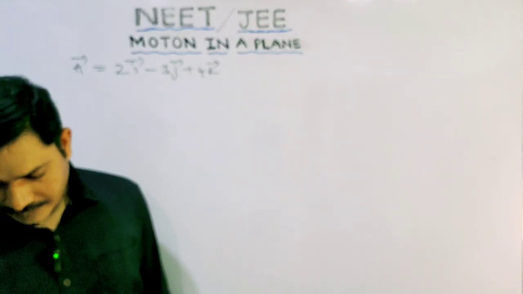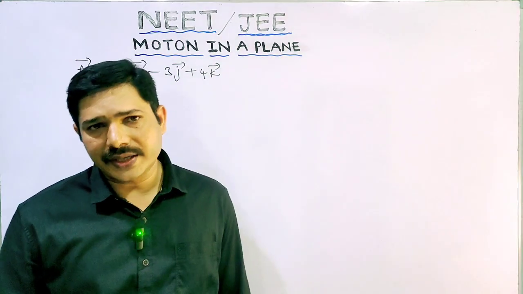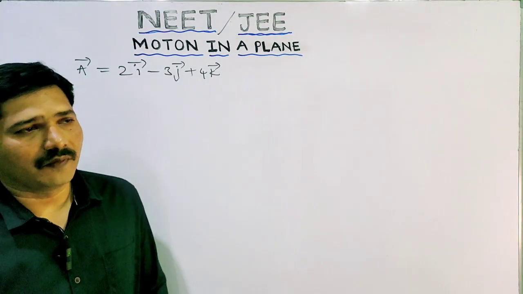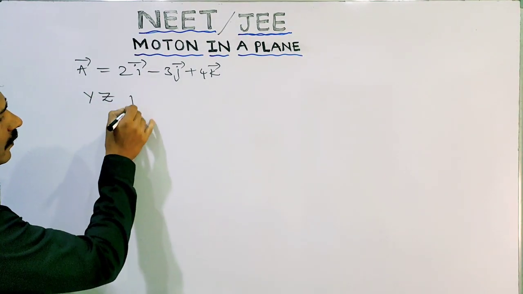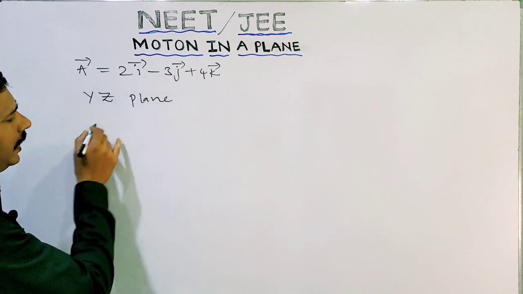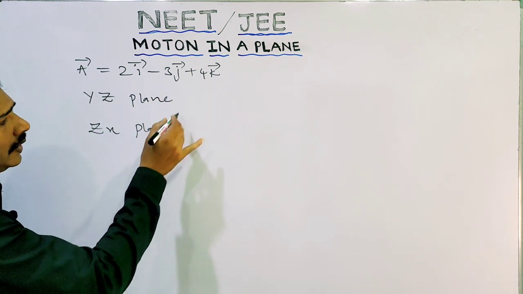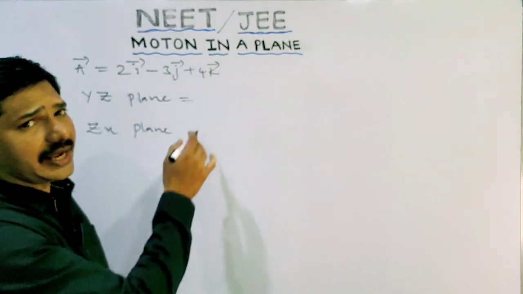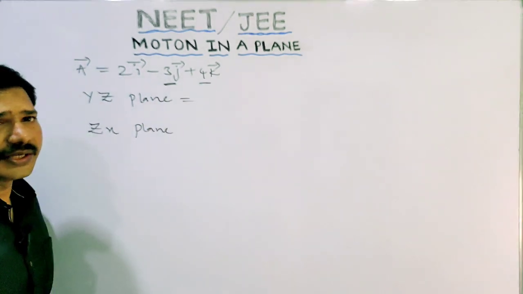What they are asking, in these components, the yz plane and zx plane respectively, yz and zx planes they are asking. Here observe, this is ax, this is ay, az. YZ plane they are asking, this is the Y component, this is the Z component.